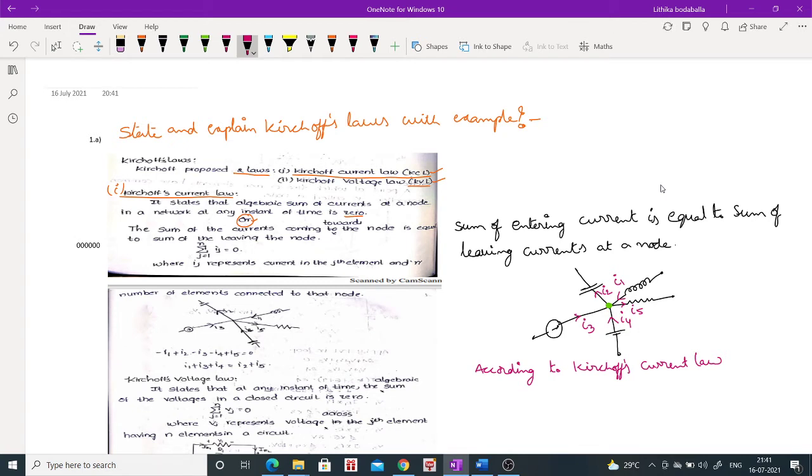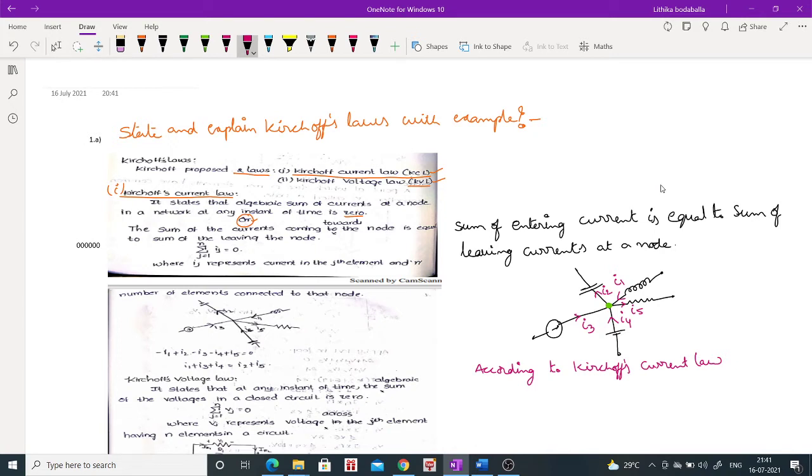Here we follow one sign convention: if the current is coming towards the node or entering the node, we take that current as negative. If the current is leaving the node or going away from the node, it is taken as positive.